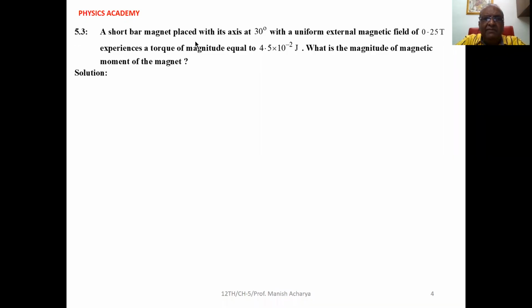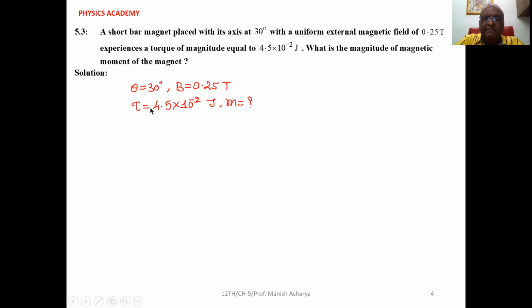5.3. A short bar magnet placed with its axis at 30 degree with a uniform external magnetic field of 0.25 Tesla experiences a torque of magnitude equal to 4.5 into 10 raised to minus 2 joule. What is the magnitude of magnetic moment of the magnet?